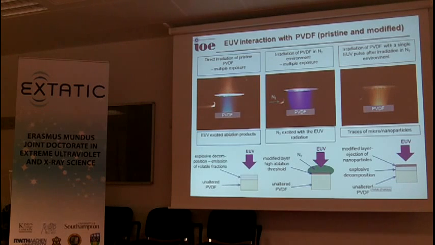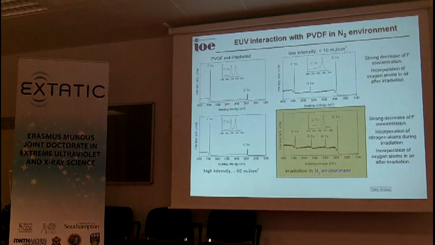This is another interesting result. We observed that after EUV radiation with nitrogen, we observed some traces of micro and nanoparticles which ablated from the surface. So it was another new phenomenon.